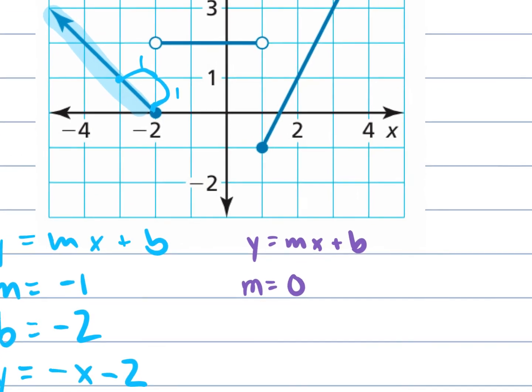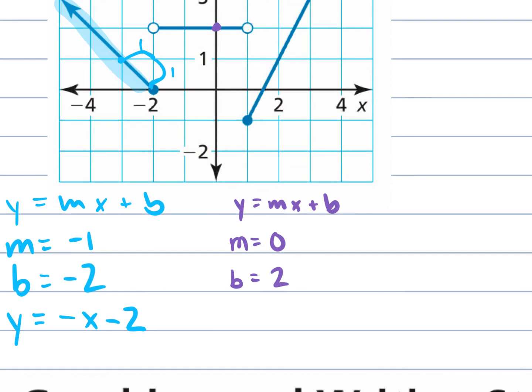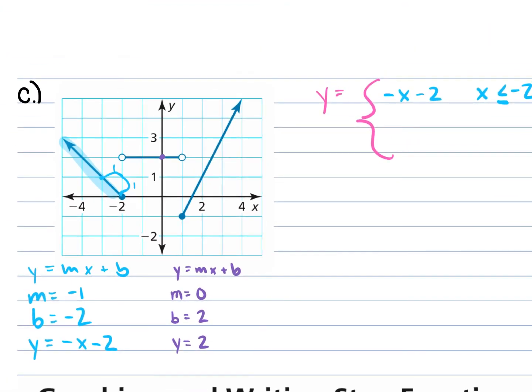There's no slope. We don't have any rise. We don't have any run. It's just a flat line. What's my b? 2. I cross the y-axis at 2. So if I were to write this as an equation, I have y equals what? 2. Just 2. Awesome. Because we would say 0x, which is just 0. So just 2. So y equals 2.